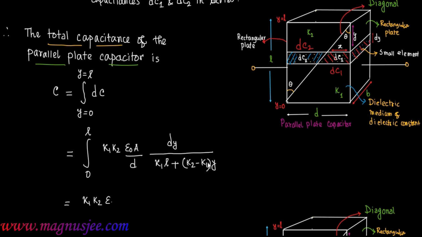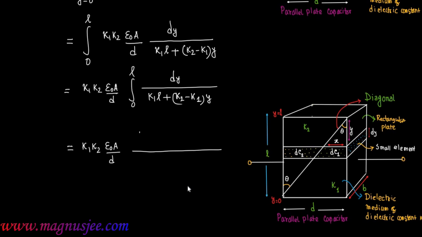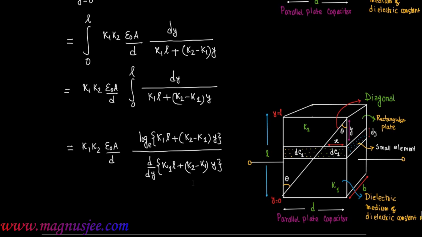Now constant terms can be brought outside the integration: k1 k2 epsilon 0 A divided by d, integration 0 to L of dy divided by k1 L plus (k2 minus k1) y, equals k1 k2 epsilon 0 A divided by d, log base e of (k1 L plus (k2 minus k1) y) divided by the derivative of (k1 L plus (k2 minus k1) y), from 0 to L.